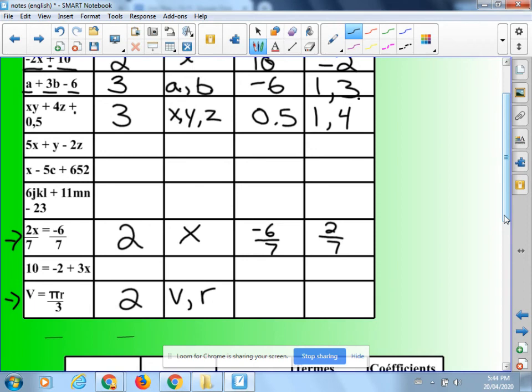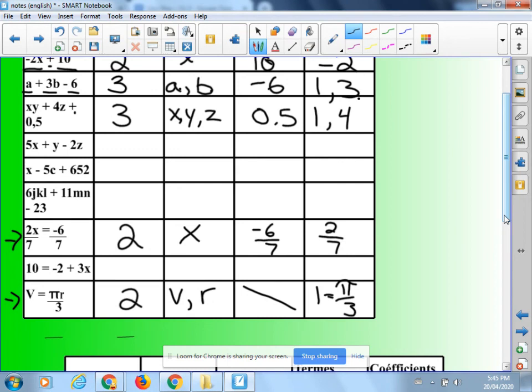I do not have a constant on this one. There's no constant because both parts of my term have a variable in it, so I would say none. And now my coefficients, next to the V, I do have a 1. And next to the R, I have pi over 3. So I do need to keep my pi sign as is.